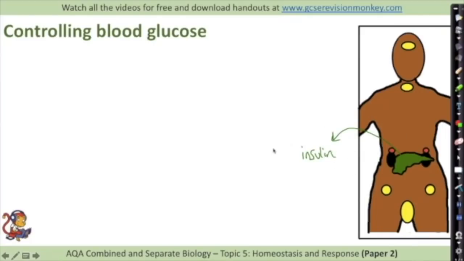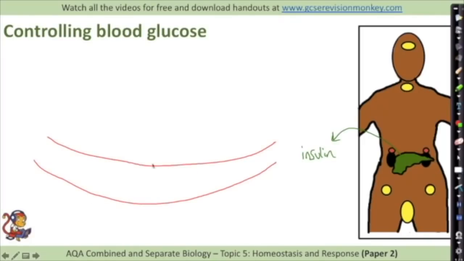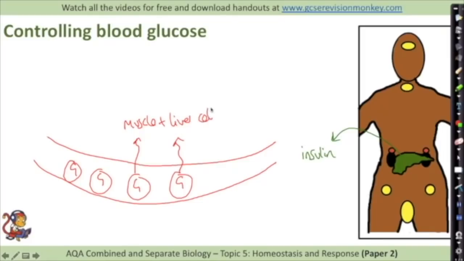And what the insulin does is, if there's too much glucose in your blood, I'll just represent the glucose by a G, the pancreas will start producing more insulin, and that will cause the glucose to go into your muscle and your liver cells.